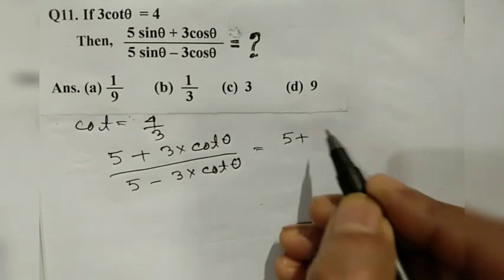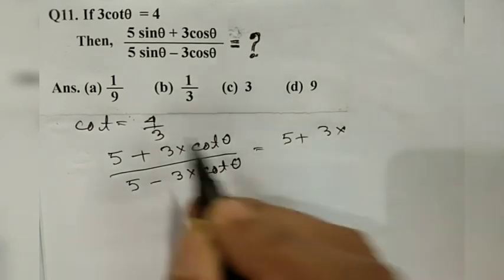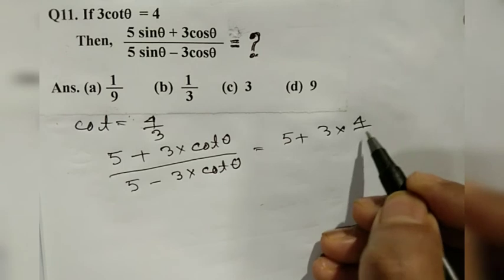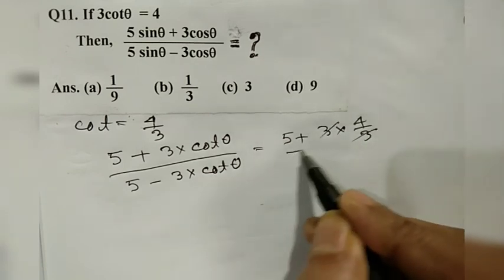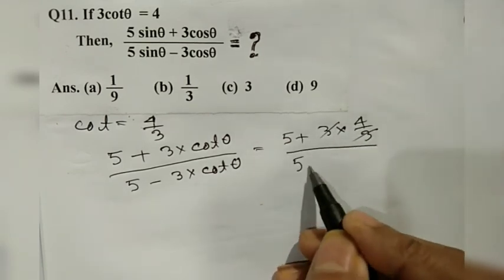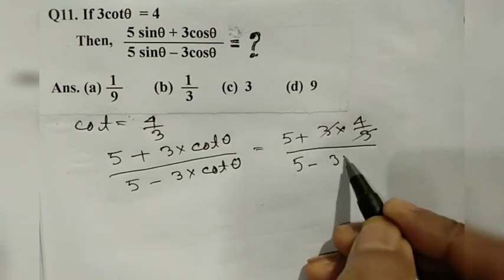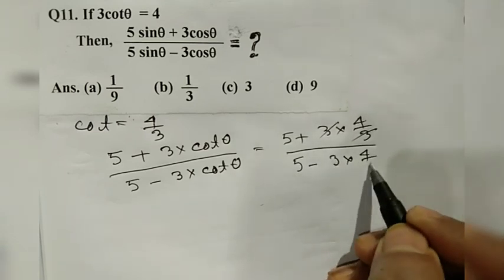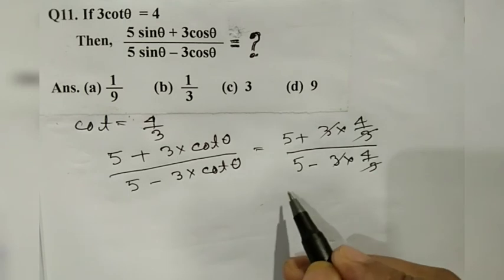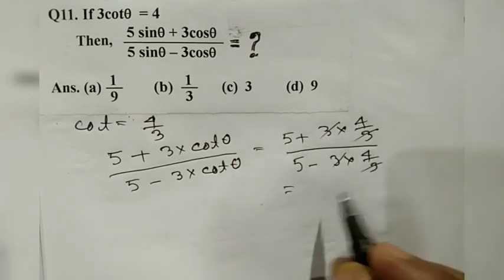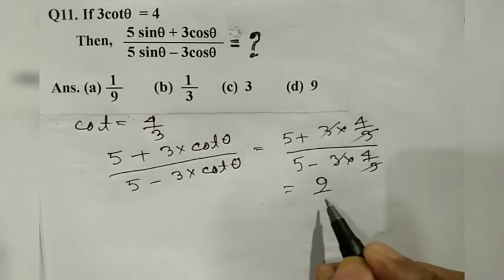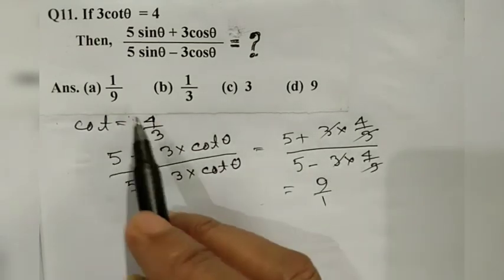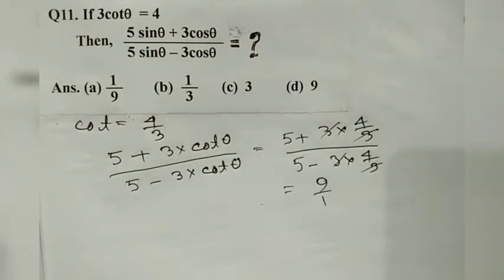Then (5 plus 3 into 4 by 3) by (5 minus 3 into 4 by 3). The answer is 5 plus 4, 9 by 1. Answer is 9. Answer D.